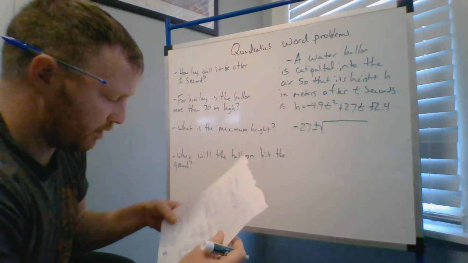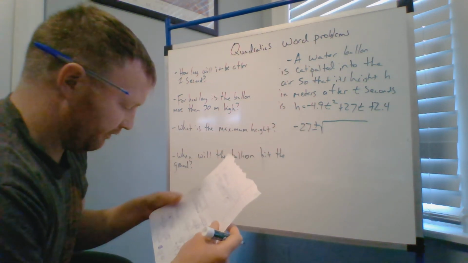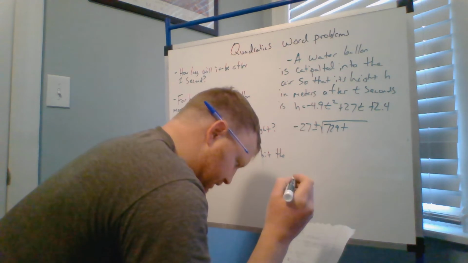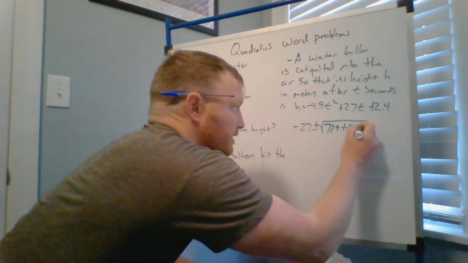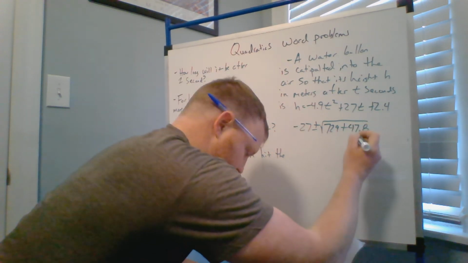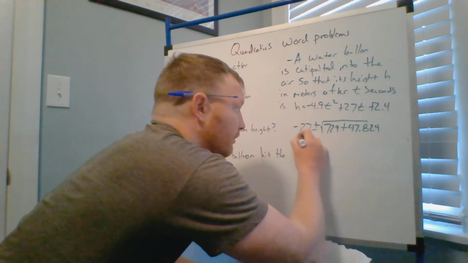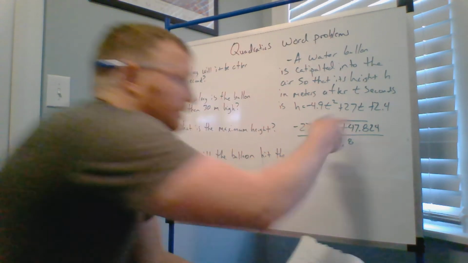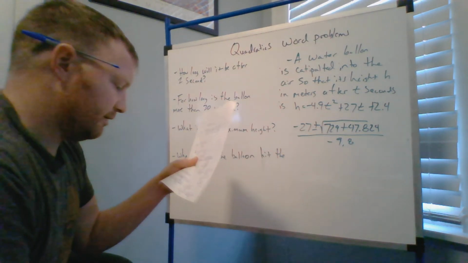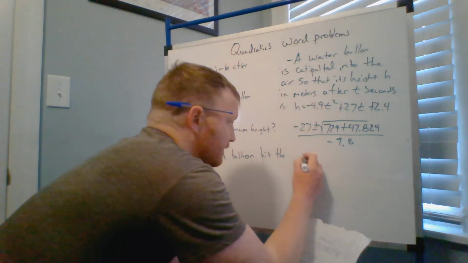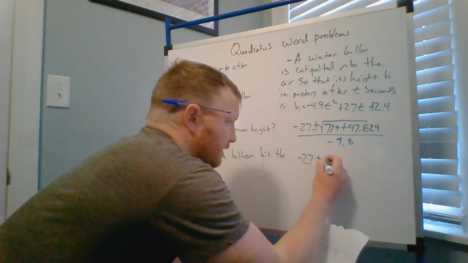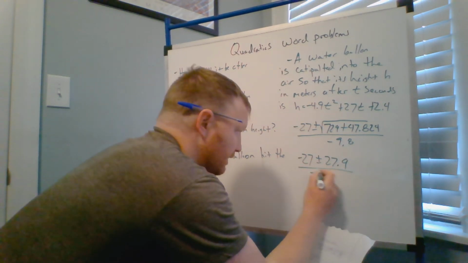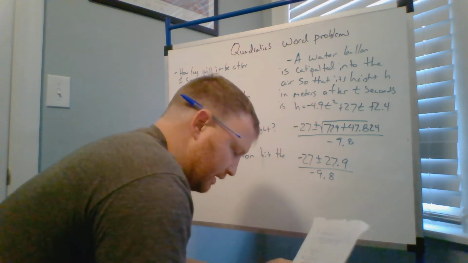When I do all that work, I get 729 plus 47.04, all over negative 9.8. When I add that up and take the square root, I get negative 27 plus or minus 27.9, divided by negative 9.8.